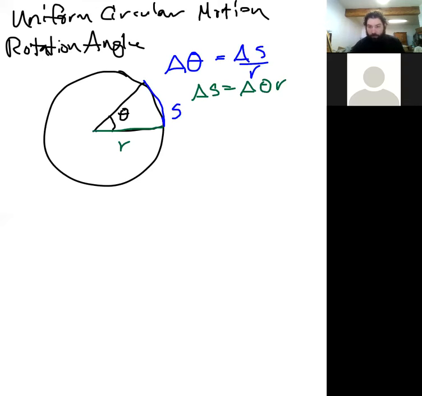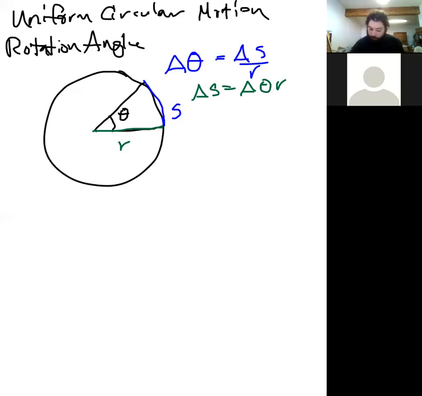You should know from geometry that the circumference of a circle, which means if we go all the way around to the beginning, should be 2 pi times the radius. As the radius gets bigger, the circle gets bigger, the circumference gets bigger, linearly proportional.